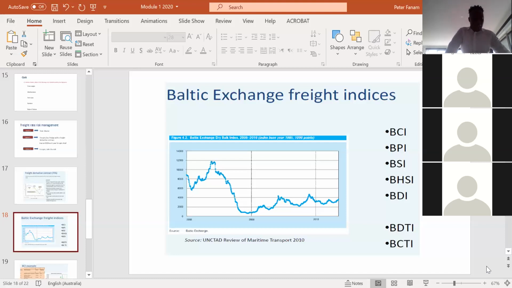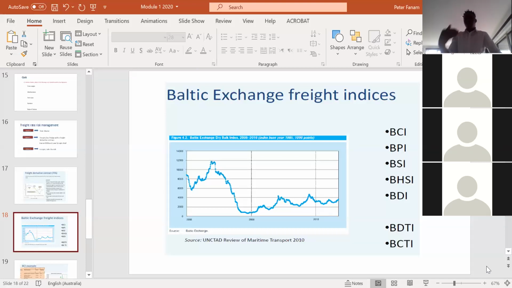So the BCI is the Baltic Exchange Cape Size Index, the BPI is the Baltic Exchange Panamax Index, and the BSI is the Baltic Exchange Supramax Index. Then you go to the liquid bulk, which are the BDTI and the BCTI. The BDTI is the Baltic Exchange Dirty Tanker Index, and the BCTI is the Baltic Exchange Clean Tanker Index.